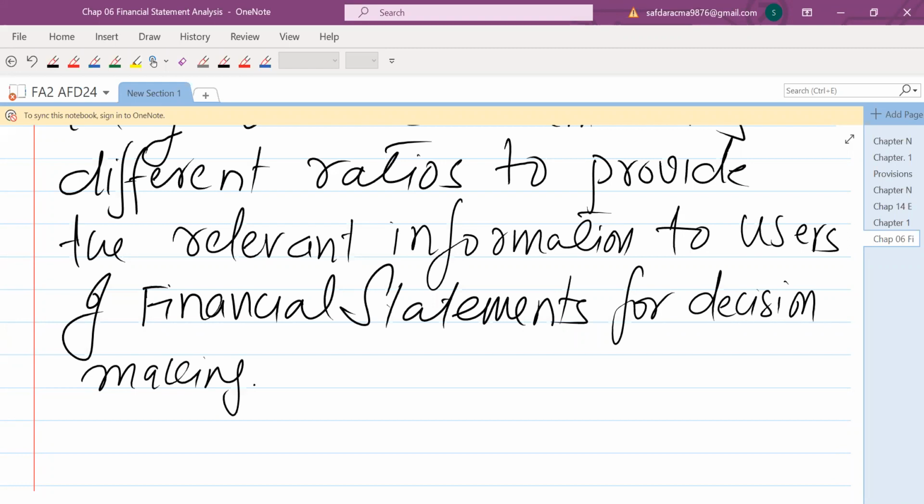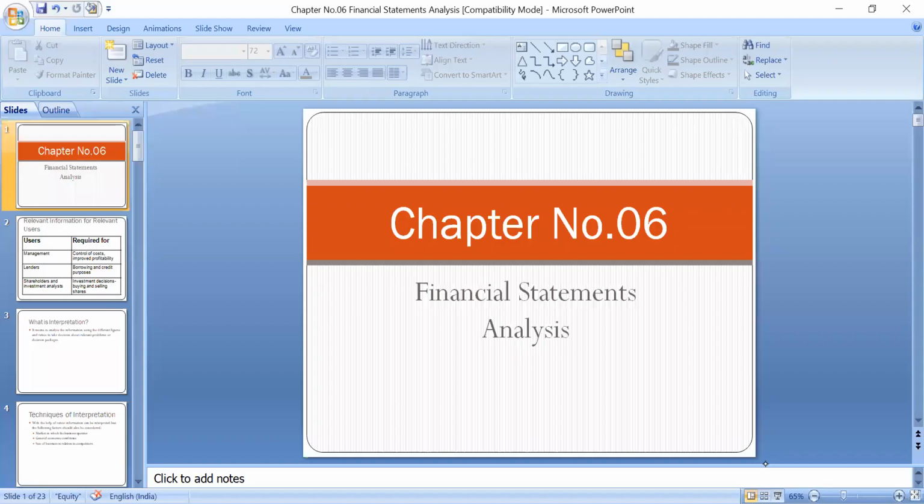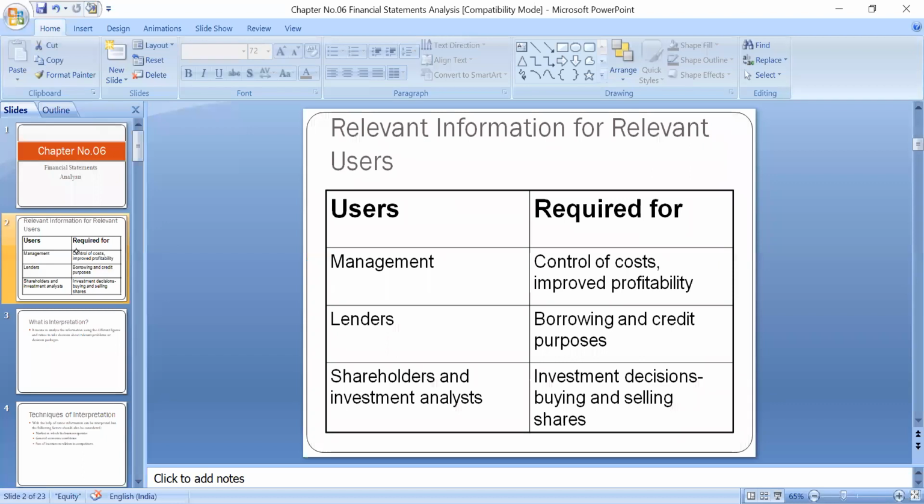So all these decisions can be taken by the users of financial statements. This analysis is called financial statement analysis, and it can be made with the help of ratio analysis.